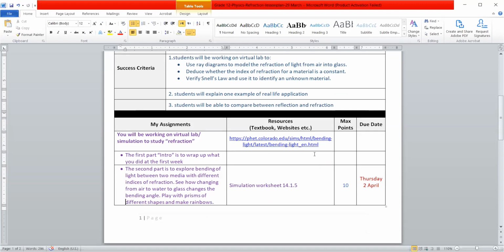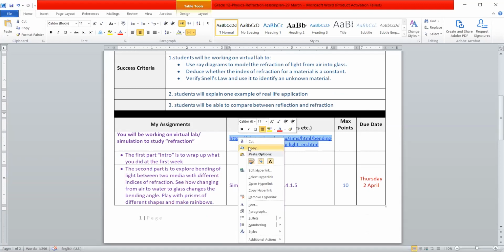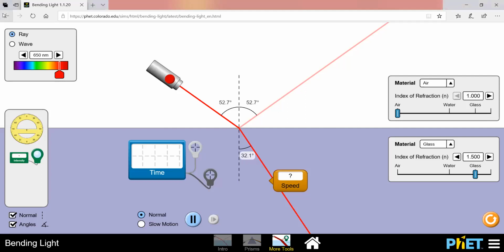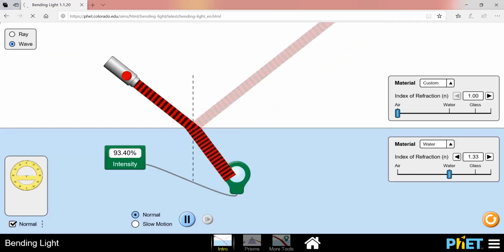In the resources, you will find the link here. You can copy the link, and by copying the link, you can go to the simulation. I'll go direct to the simulation. Let's start from the beginning, from the introduction.